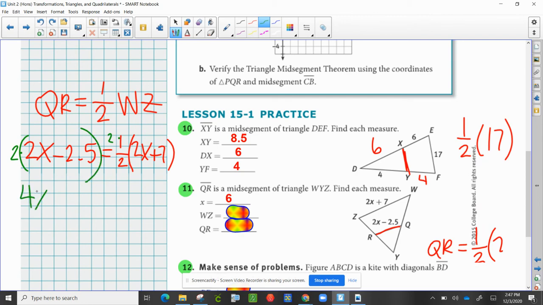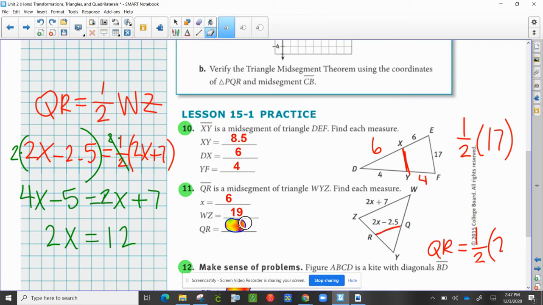That gives you 4x minus 5 is equal to 2x plus 7. And then if you move your x's to one side, that would give you 2x. Move your constants over, equal to 12. So x is 6. So as x is 6, what does that make WZ and QR? Which should make them 19 and 9.5.